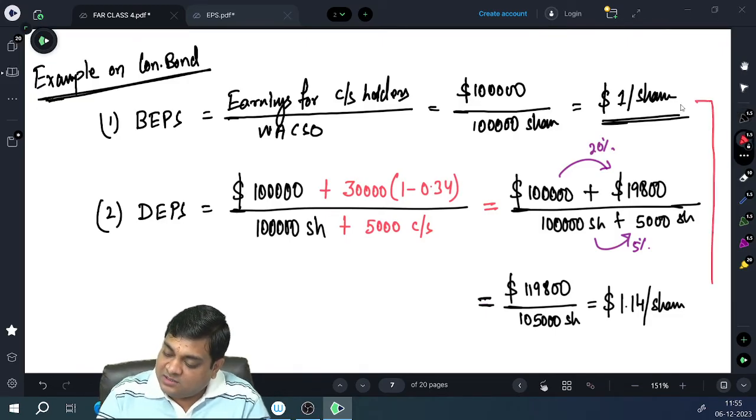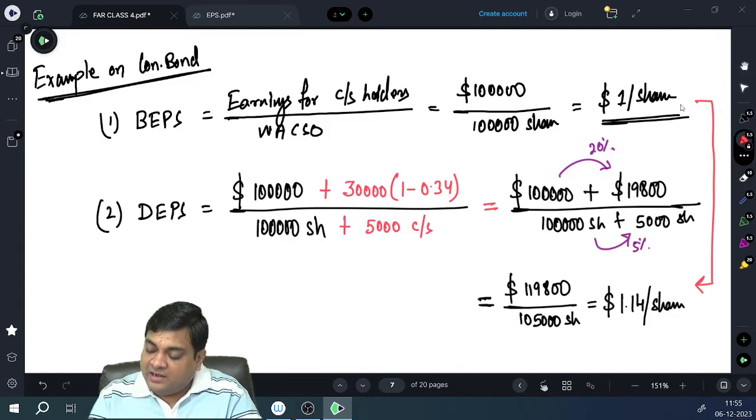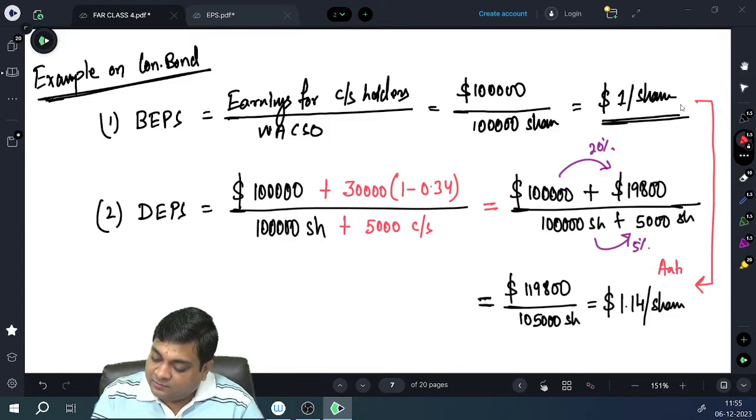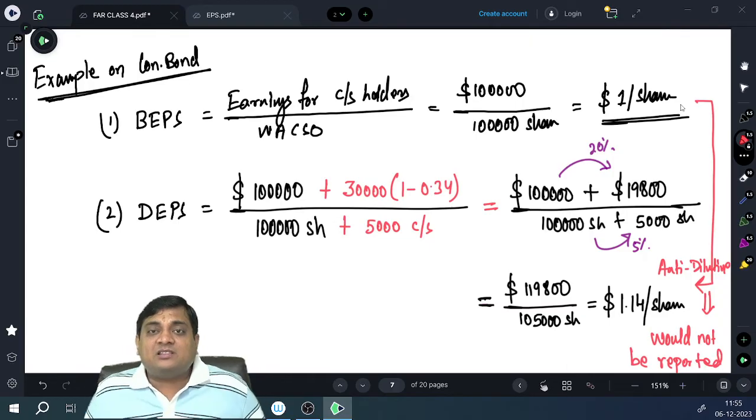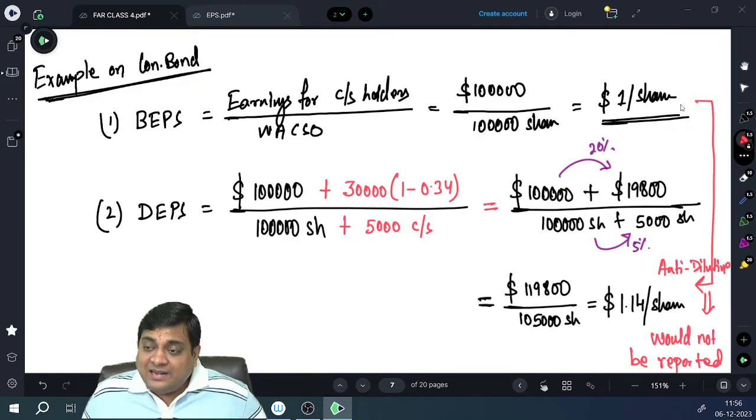So this is anti-dilutive and would not be reported. See, an existing shareholder is never concerned with the earnings per share increasing. Every investor will be concerned more about the earnings per share reducing. That is why every US entity must follow certain rules and regulations, right?